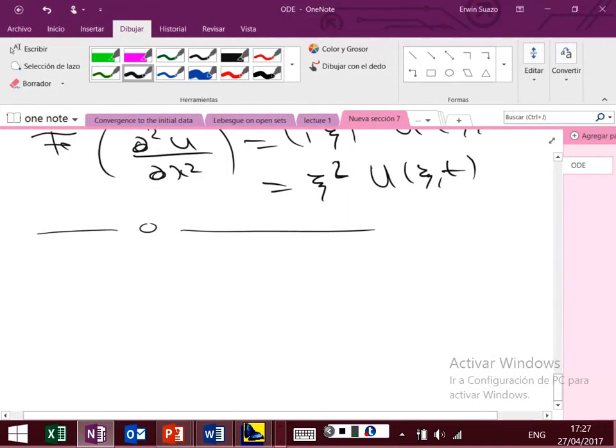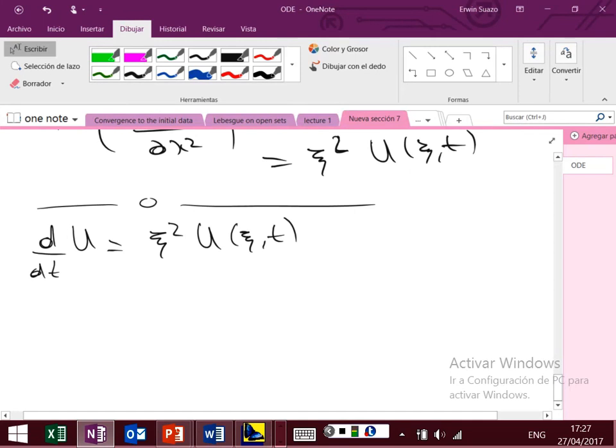Suppose you have the first derivative with respect to t of u hat equals minus theta squared u hat of theta, t. So how do we solve this equation from differential equations? You only really need a differential equations course to work this. So you have u prime over u equals minus theta squared.